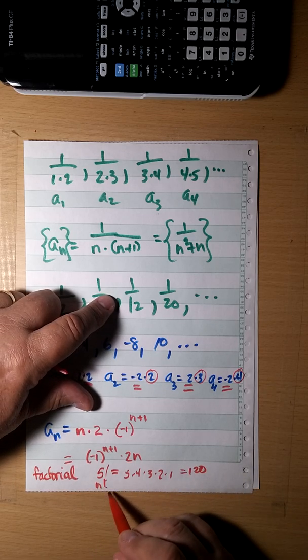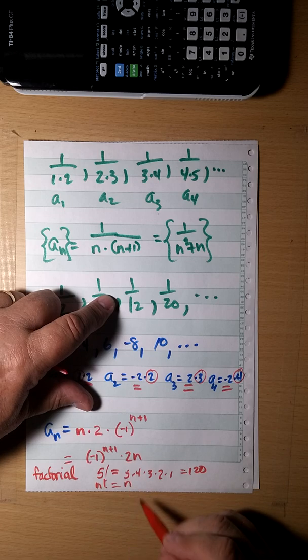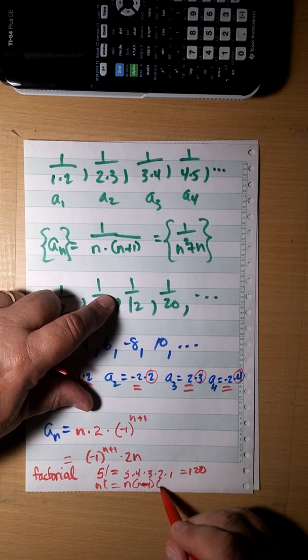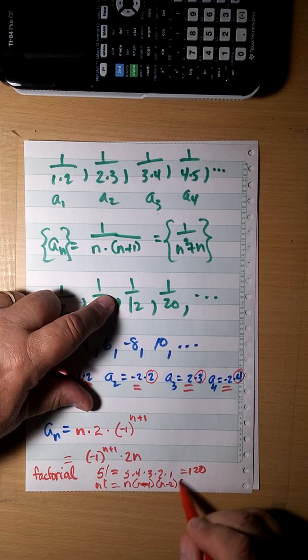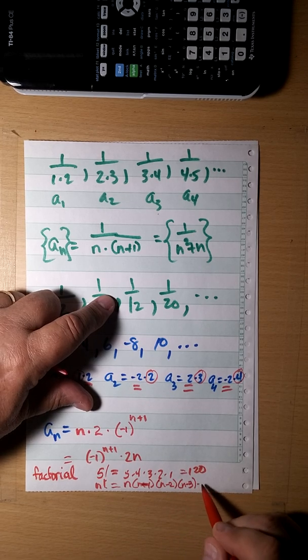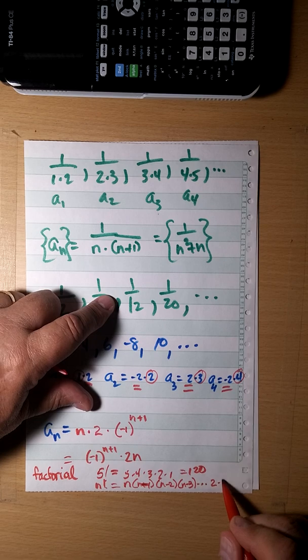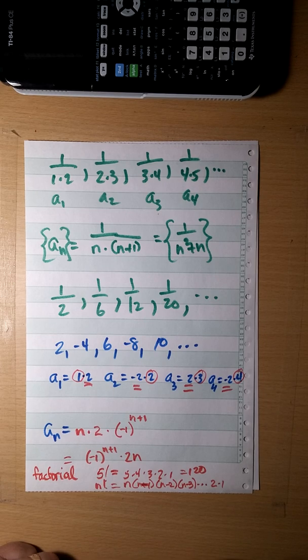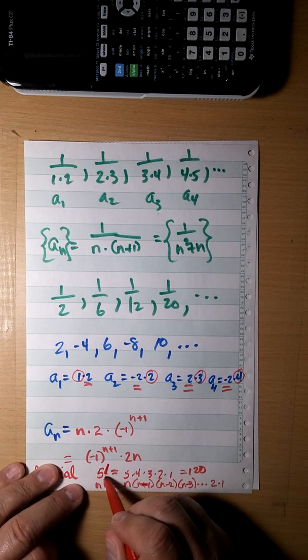N factorial is n times n minus 1, times n minus 2, times n minus 3, until you get down to 2 times 1. I guess that 1 doesn't really make any difference. You count down and multiply as you count down. That's what factorial is. That's what the exclamation point is.